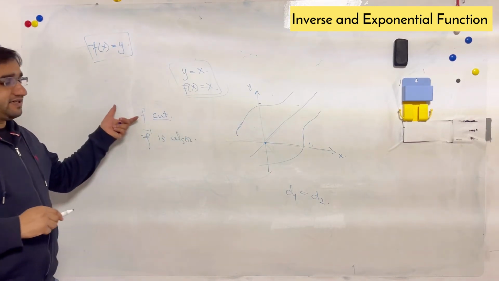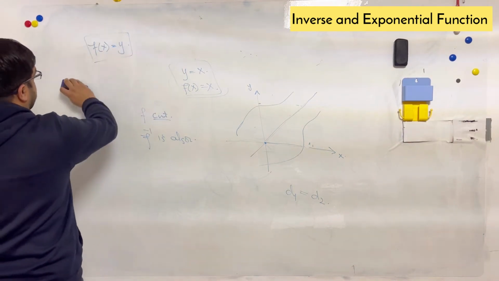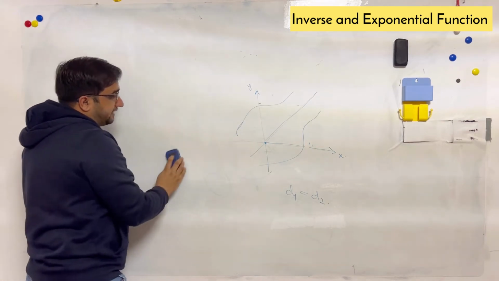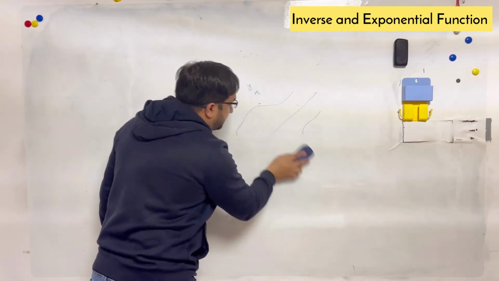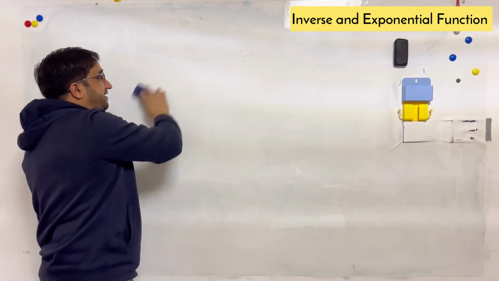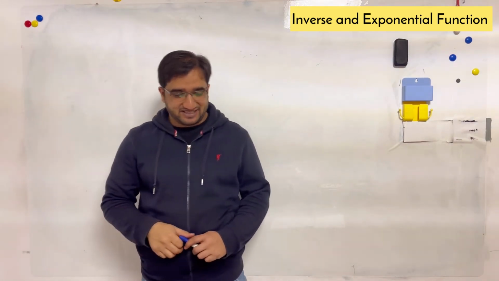And if the function f is continuous and one-to-one, then f inverse is also continuous and one-to-one. So their properties will not change, their orientation will change. They will flip to the other side of the butterfly, but their properties will be the same, like the wings of the butterfly.